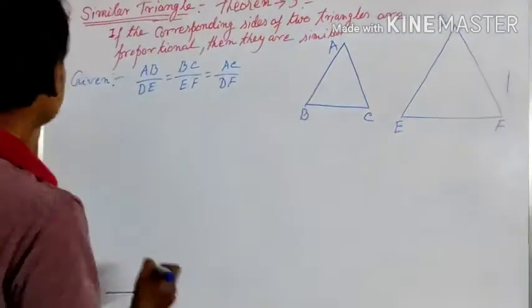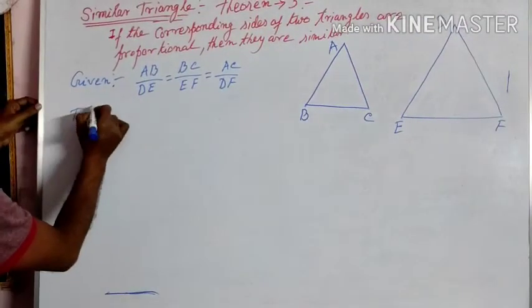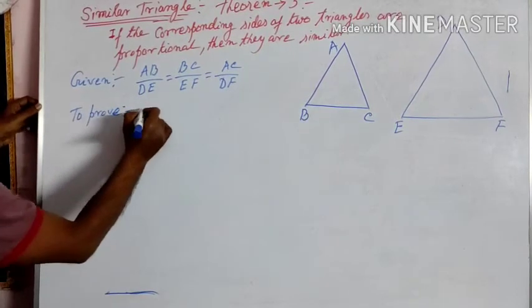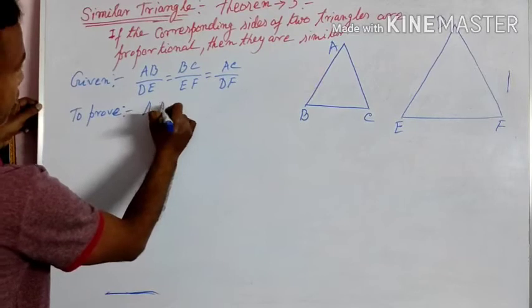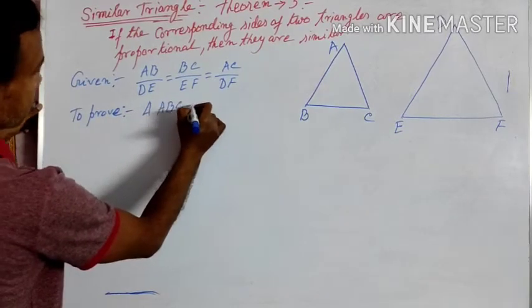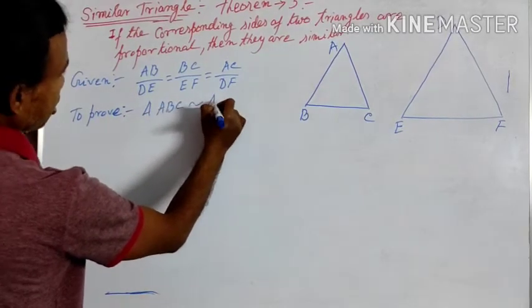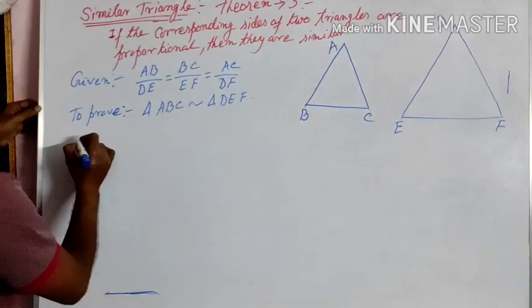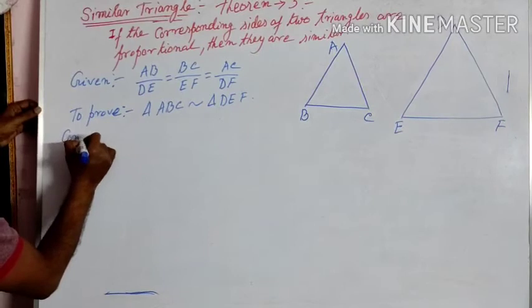You have to prove triangle ABC is similar to triangle DEF. Now construction.